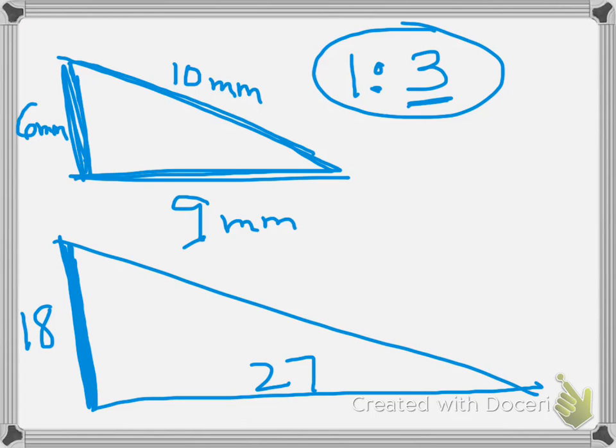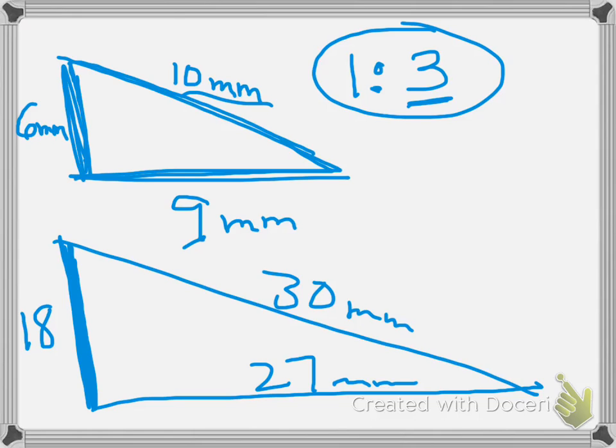And then this side will have to be 10 times 3, or 30 millimeters. Okay? So that's the kind of problems that you have on page, what page is that? That is page 69.